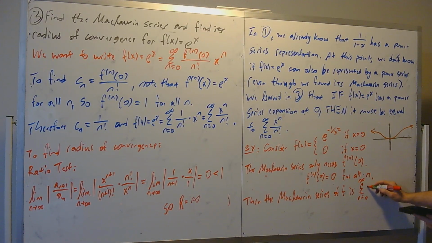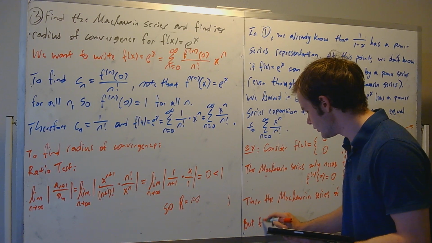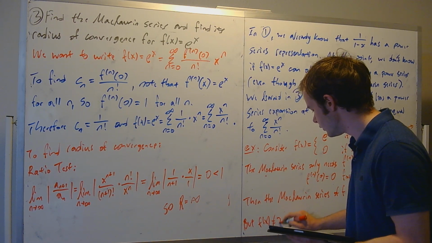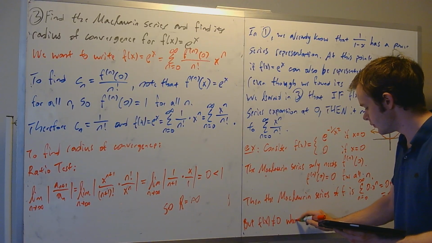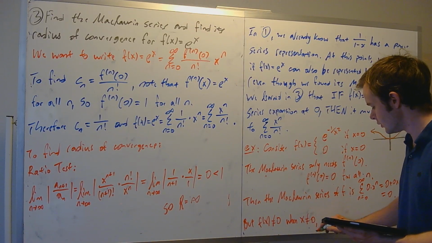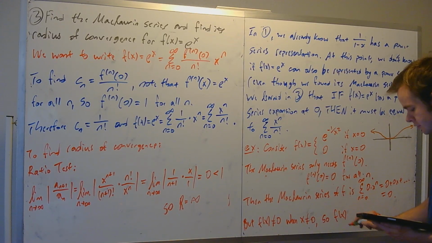We're going to get 0 times x to the n, which is just going to be 0 plus 0 times x plus and so on, we're just going to get 0. But f of x is not equal to 0 when x is not equal to 0. So our function f of x is not equal to the Maclaurin series.